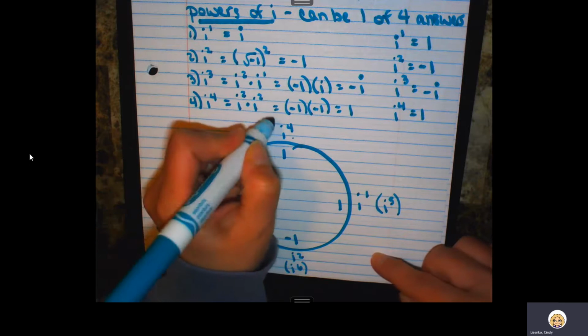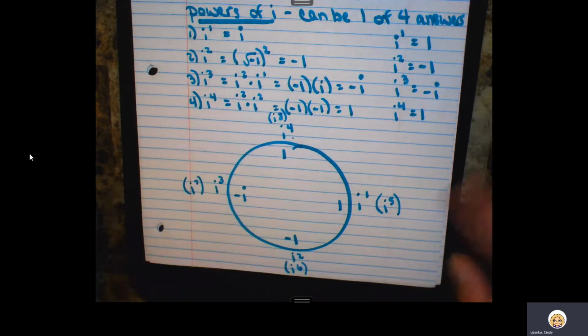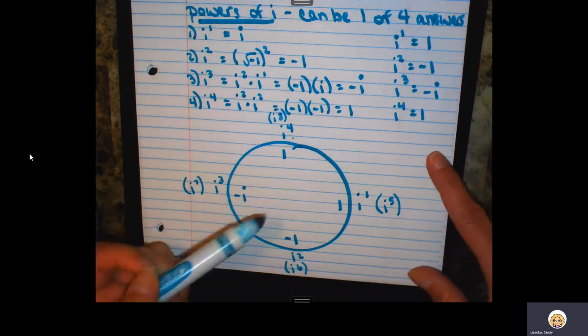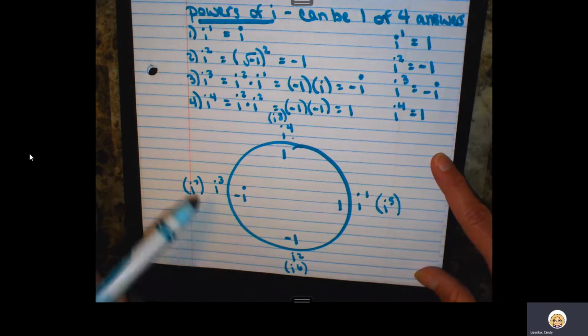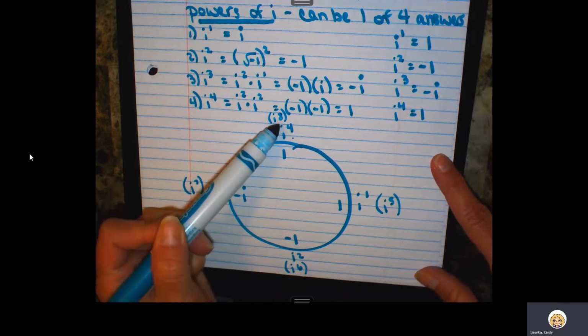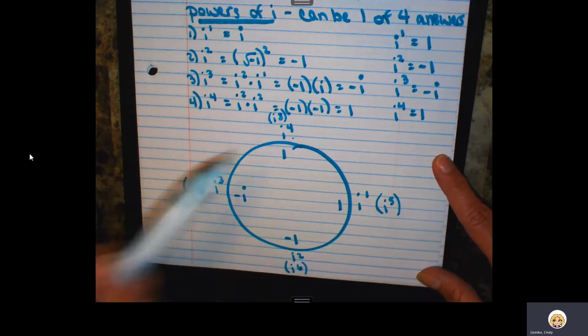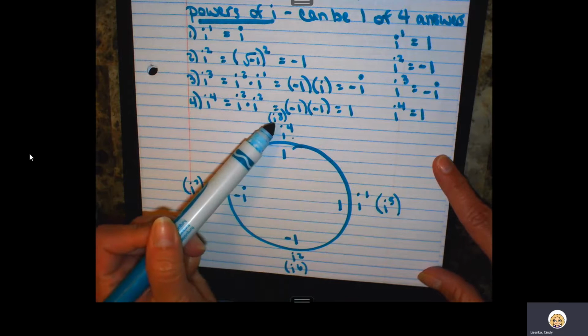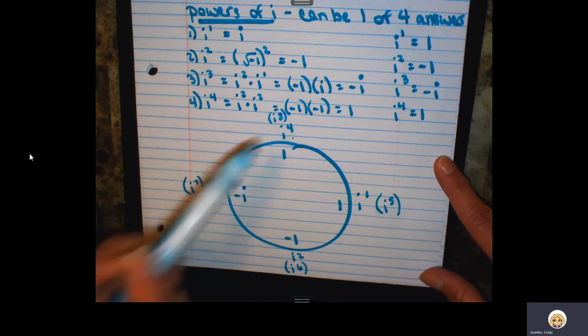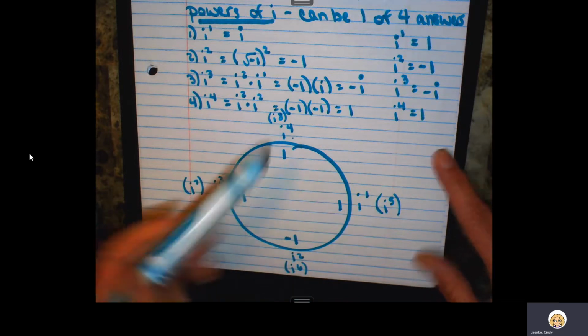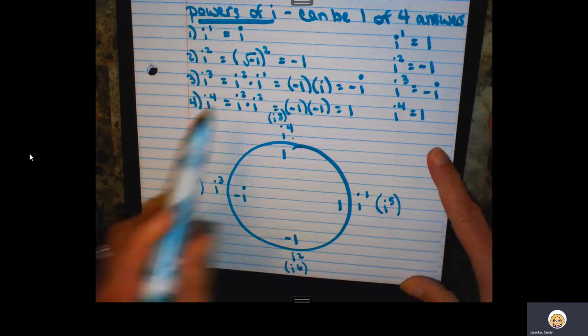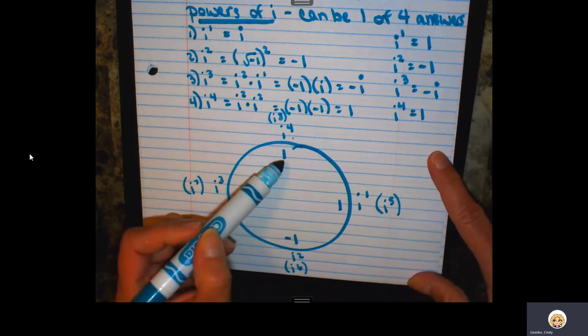And then i to the eighth would be up here. If I continued, I want you to notice 9, 10, 11, 12, multiple of 4, 13, 14, 15, 16, multiple of 4, 17, 18, 19, 20. So anytime you have an exponent that's a multiple of 4, it brings you right back to this 1.